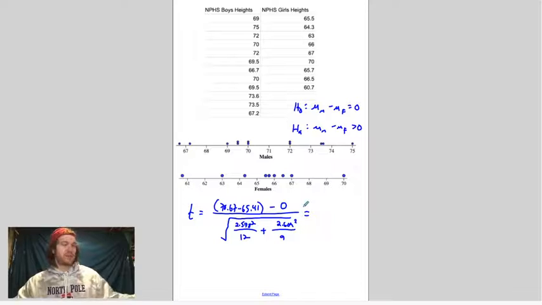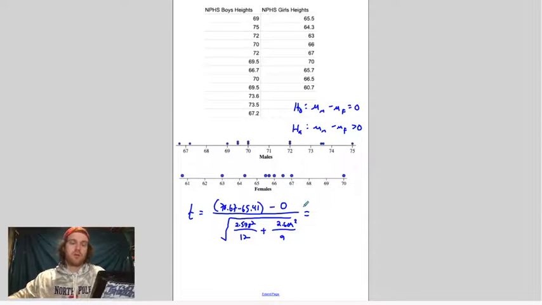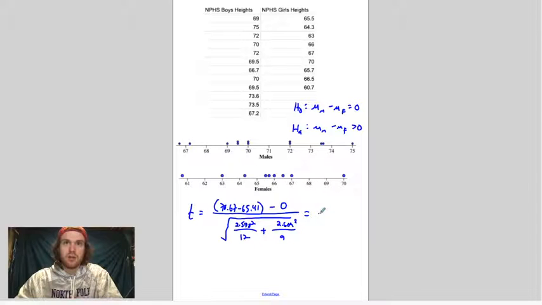Okay, let's go ahead and do this on our calculators right now. In the denominator, I got 1.14, we'll round up to 45. So I get in the numerator 5.26 for the difference here, minus 0.